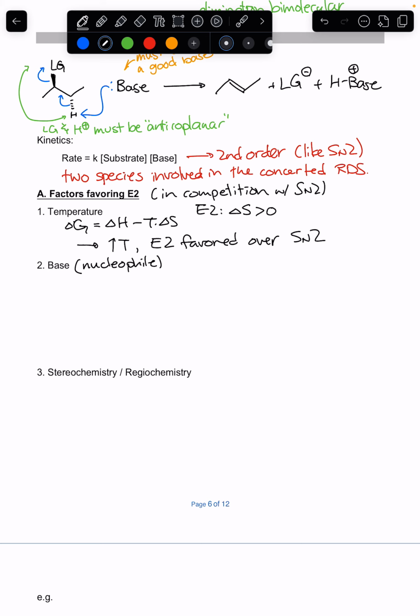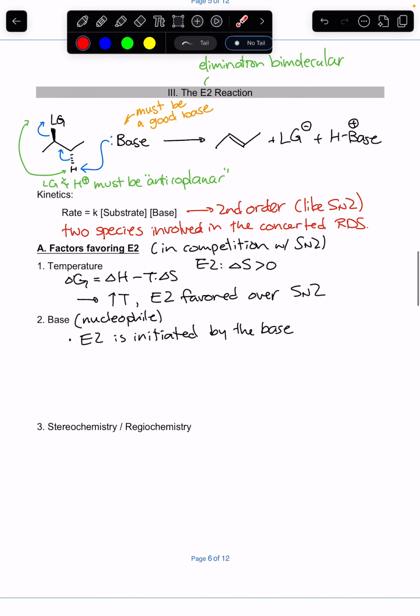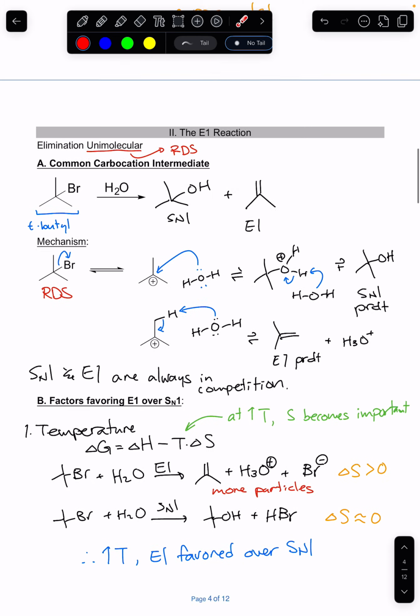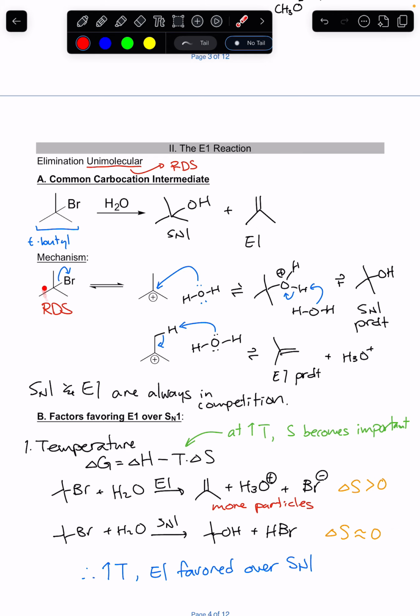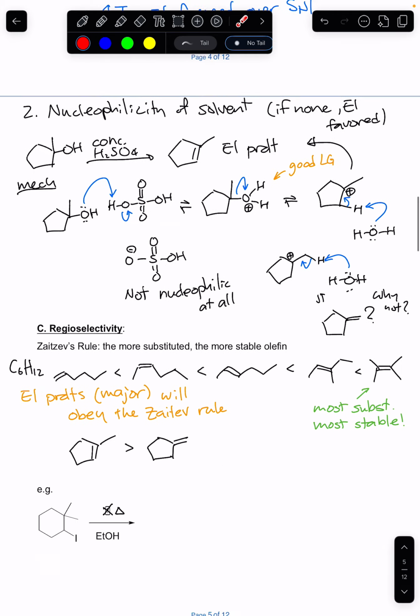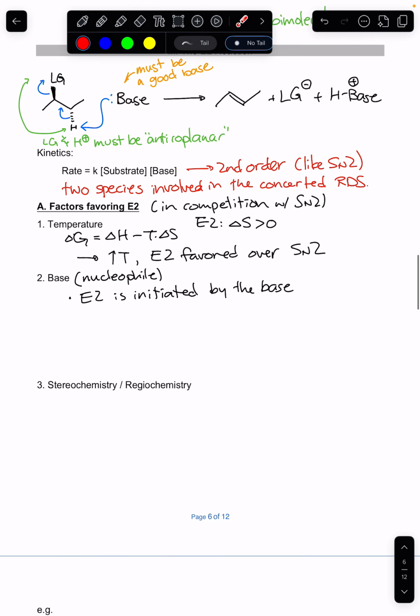Now let's look at the base factor, which often can act as a nucleophile as well. The key point here is E2 is initiated by the base. That's why the base has to be strong, good. Unlike the E1 reaction, which was driven by just the substrate's leaving group leaving. So it's a very different driving force.